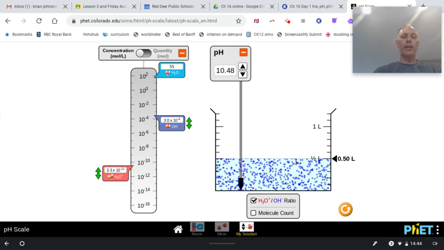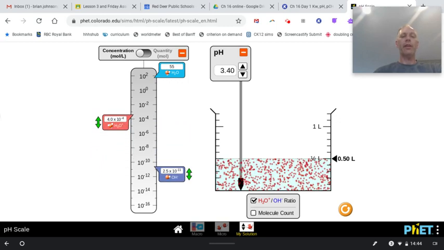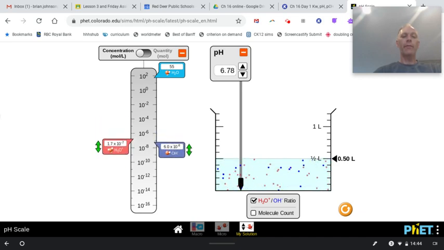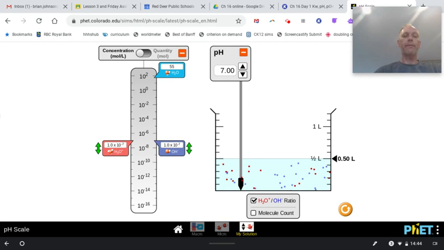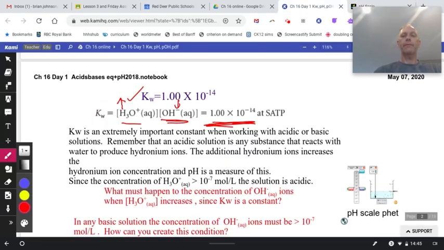Goes down. If I increase hydronium, hydroxide goes down. They are inversely proportional, and they're only equal at a pH of 7, where they are both 1.0 times 10 to the negative 7. Okay? Inversely proportional. One goes up, the other goes down.